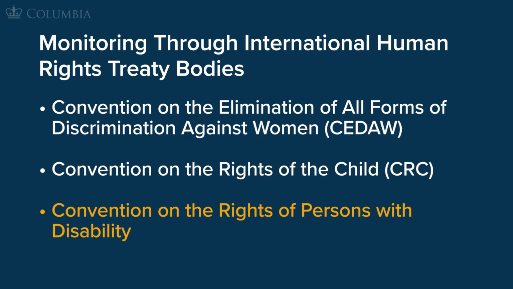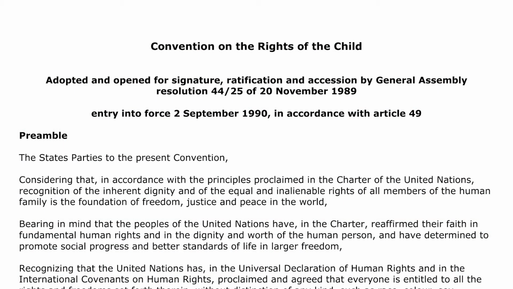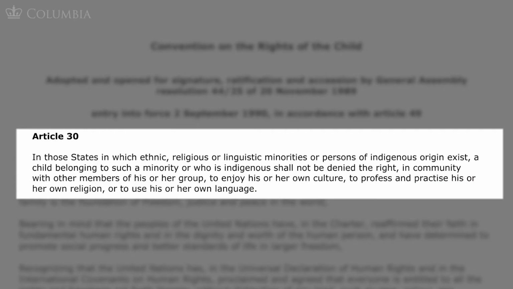It should be noted that the Convention on the Rights of the Child actually contains specific reference to indigenous children in Article 30. The human rights treaty bodies examine periodic reports that states parties to the treaties are obliged to submit. The treaty bodies then adopt conclusions and recommendations to each state, many of which address indigenous peoples' rights.